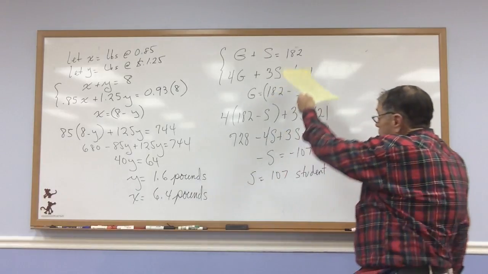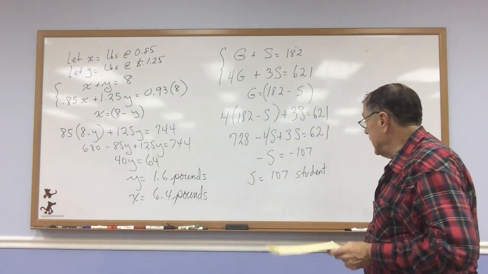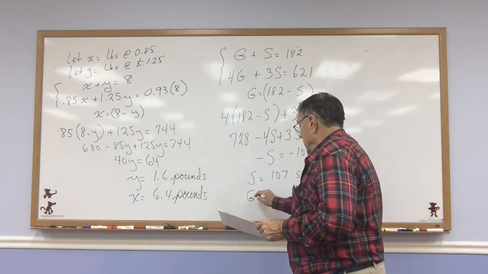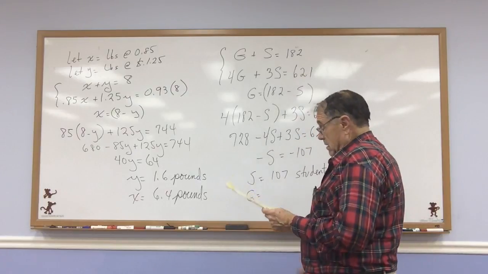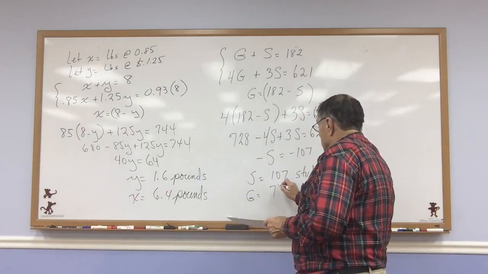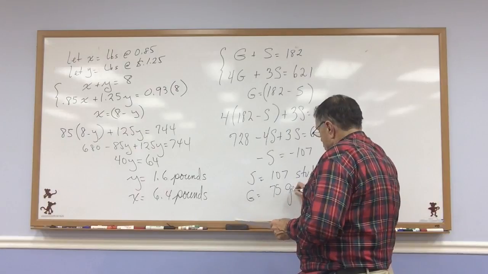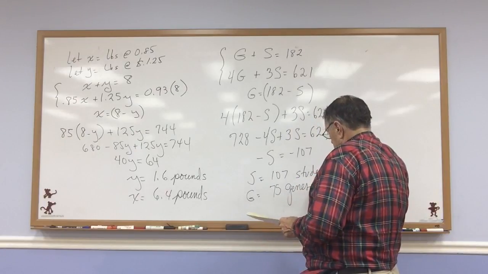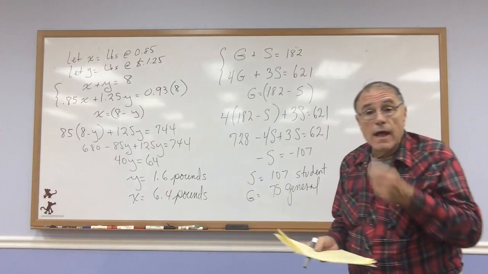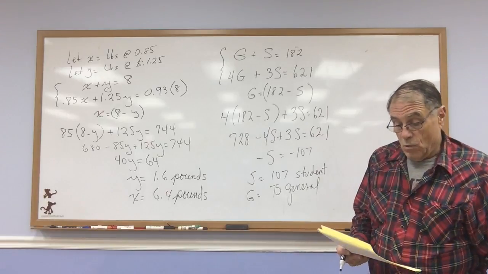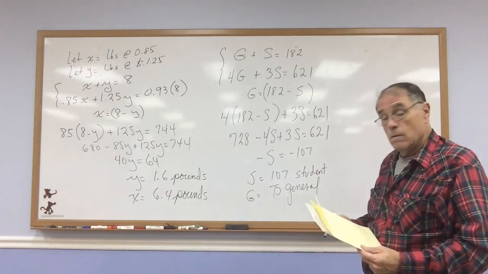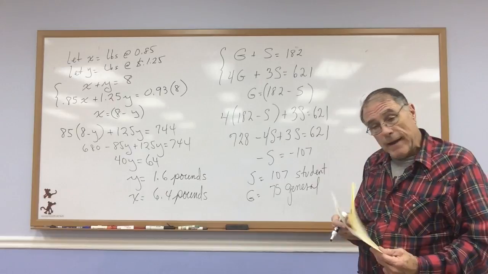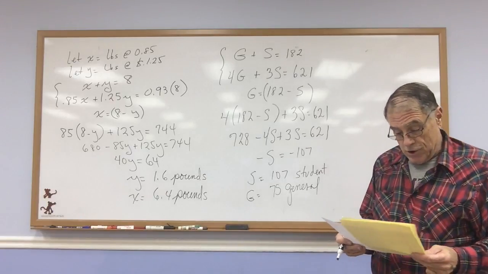Remember, we have 182 altogether. So G, subtracting 107 from 182, 75 general. So again, a mixture problem working with two equations. How many and how much?